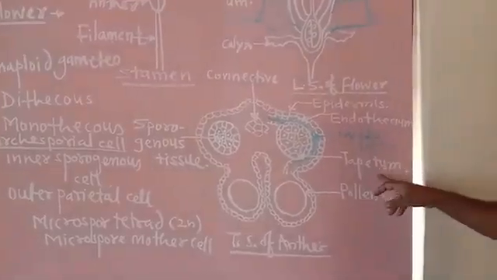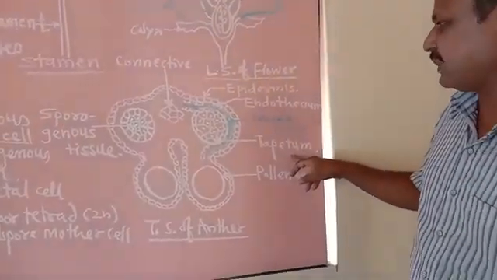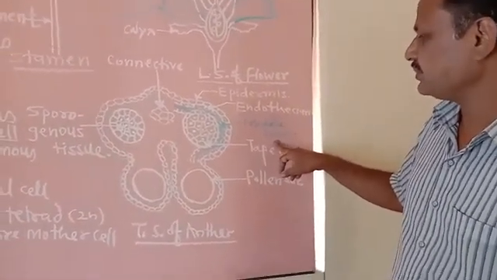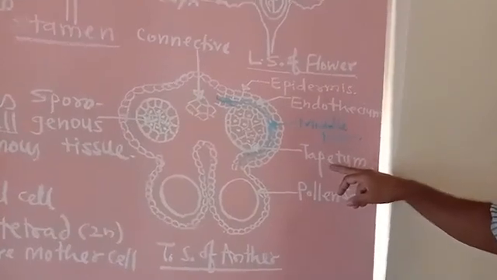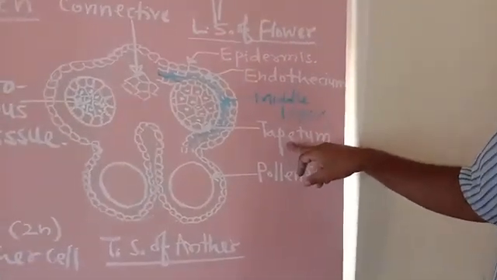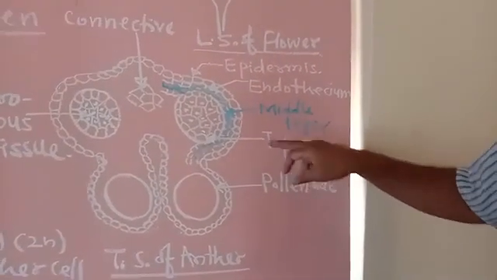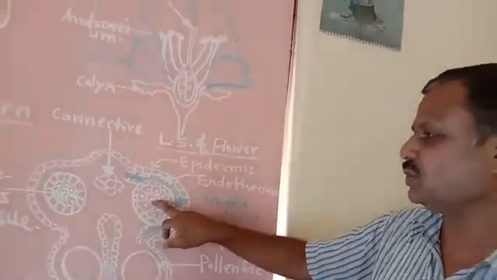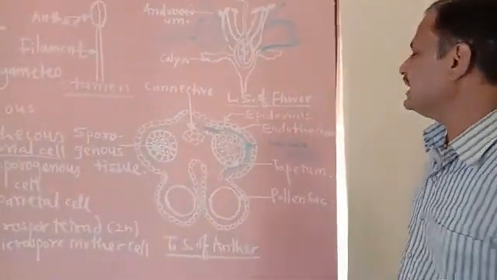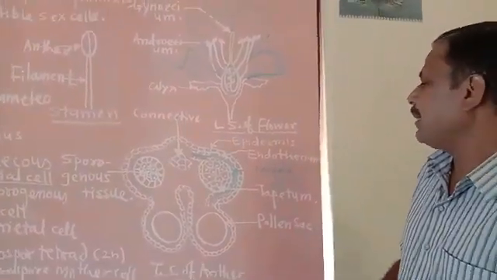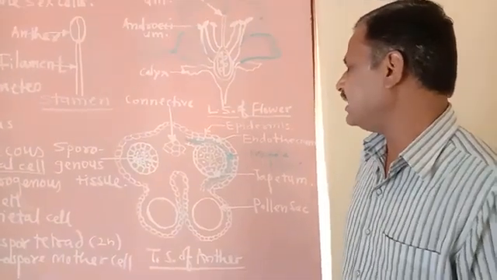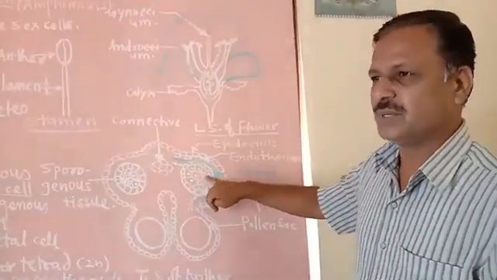Next layer is tapetum, which is present below the middle layer. This layer provides nutrition to the sporogenous tissue. Moreover, the cells of tapetum may be diploid or polyploid and are nutritive in function.